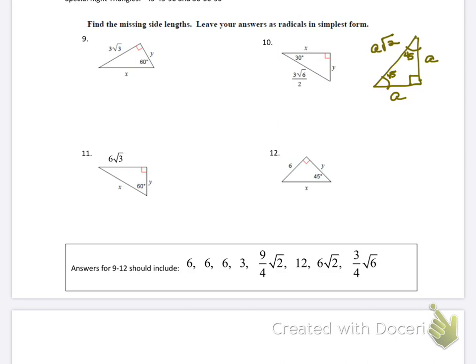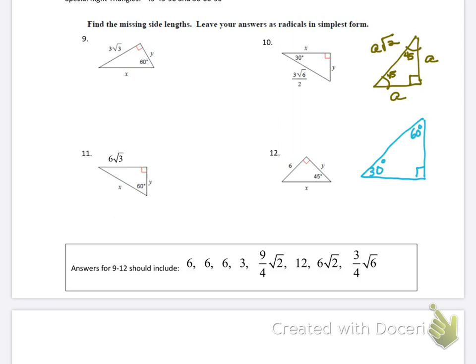Then we have one other special right triangle. That is a 30-60-90 triangle. Now they may just give you one angle, say they give you the 30, then you have to know the other one's going to be 60 because, again, you have 180 degrees in a triangle. Okay, with this kind of special triangle, there's also a relationship between the sides.